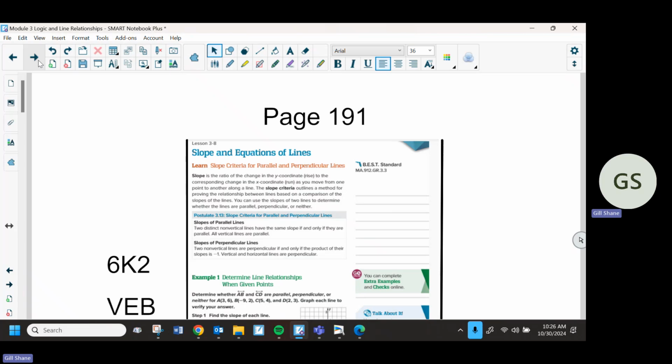So slope is a measure of the tilt of the line, what's the angle of it, how up and down is it? Also, what direction is it sloping? Does it slope down from left to right or up from left to right? If you just have those two concepts down, you do not have to memorize it.